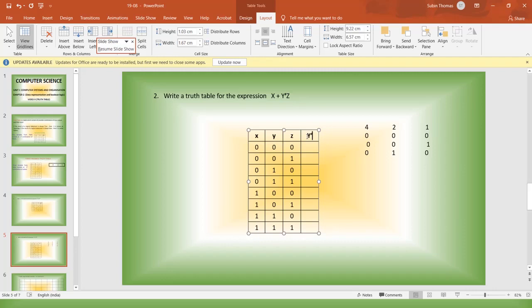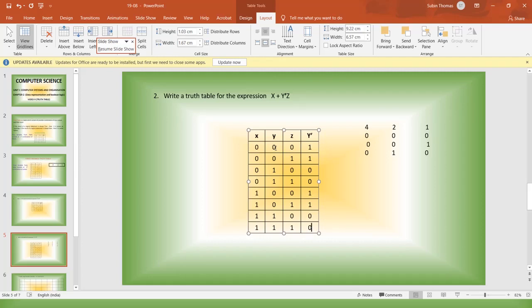That means the opposite of the input value y. Opposite of each of these y values. So here the y value is 0, so the opposite is 1. Here also y is 0, 1. Here it is 0, and here again 0. This is 1, 1. And here 0, 0. So opposite of the y value, that is y complement.